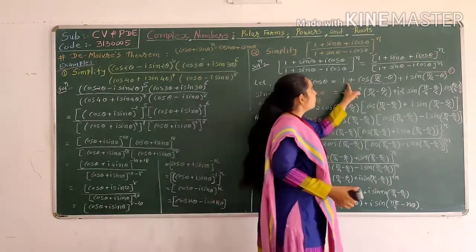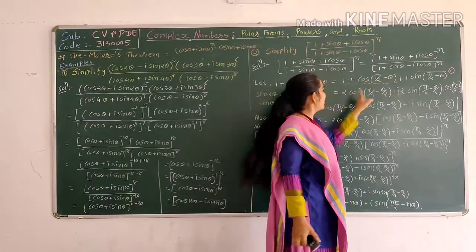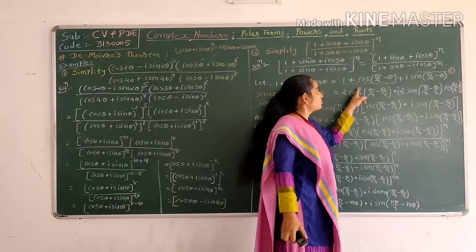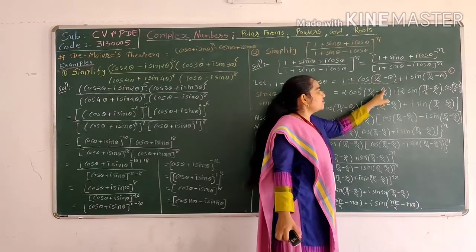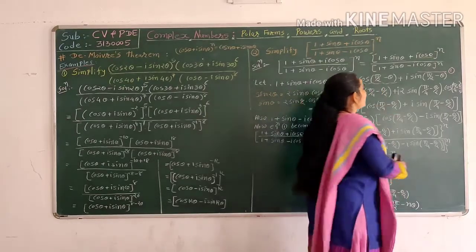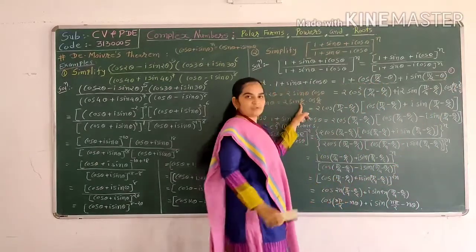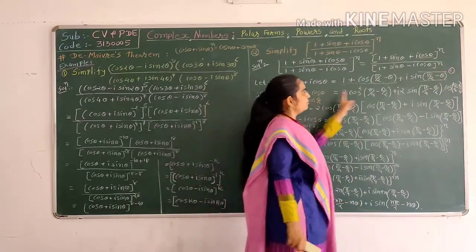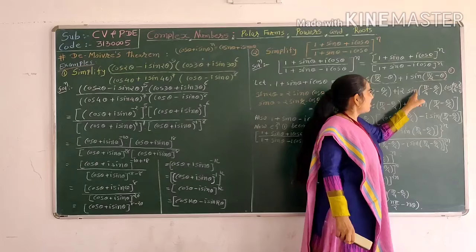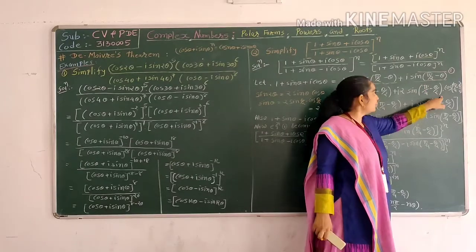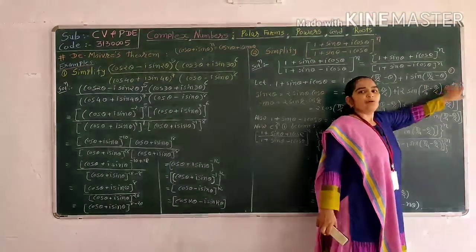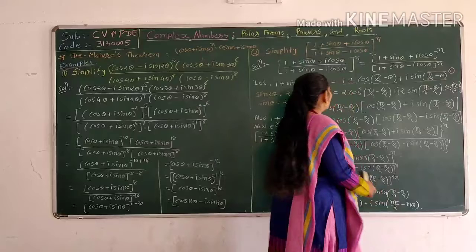Same as here, 1 plus cos(pi by 2 minus theta) is equal to, we can write, 2 cos square (pi by 4 minus theta by 2) plus i sin theta. We can write 2 sin theta by 2 cos theta by 2, that means 2 sin(pi by 4 minus theta by 2) into cos(pi by 4 minus theta by 2).